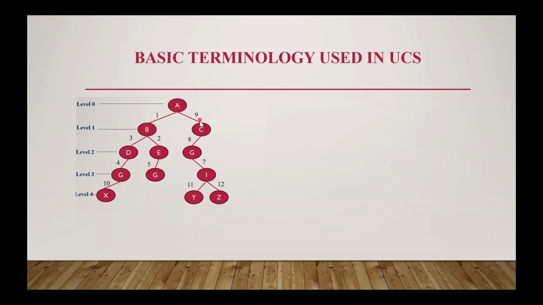A to C, cost is 9. C to G, cost is 8. B to D, cost is 3. So each and every edge is associated with a cost, meaning traversing from one node to another requires this much cost. This is level 0, level 1, level 2, level 3, level 4. This is a tree structure, a weighted tree.